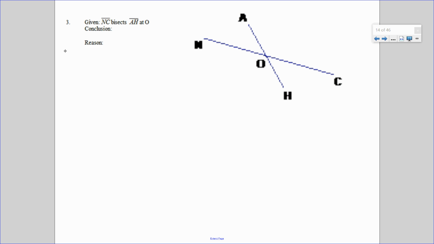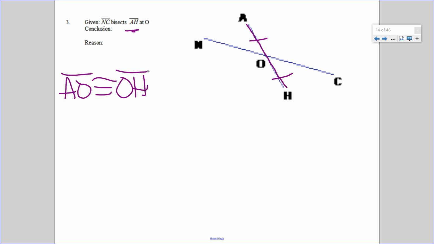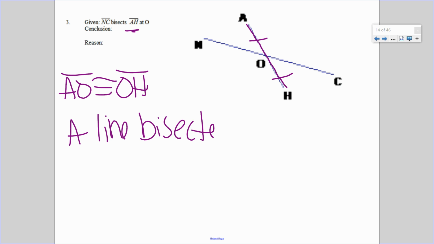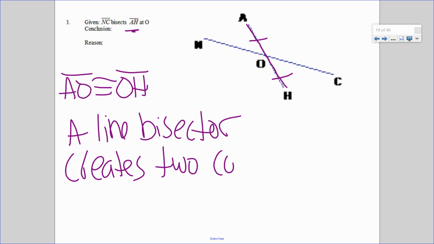If NC bisects AH, AH is what's being bisected. So if AH is cut in half, then my conclusion is that AO is congruent to OH, and my reason is a line bisector creates two congruent segments.